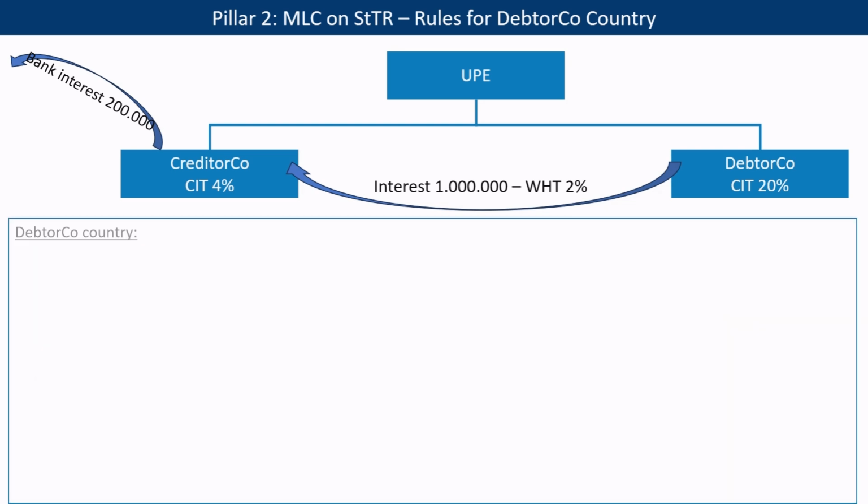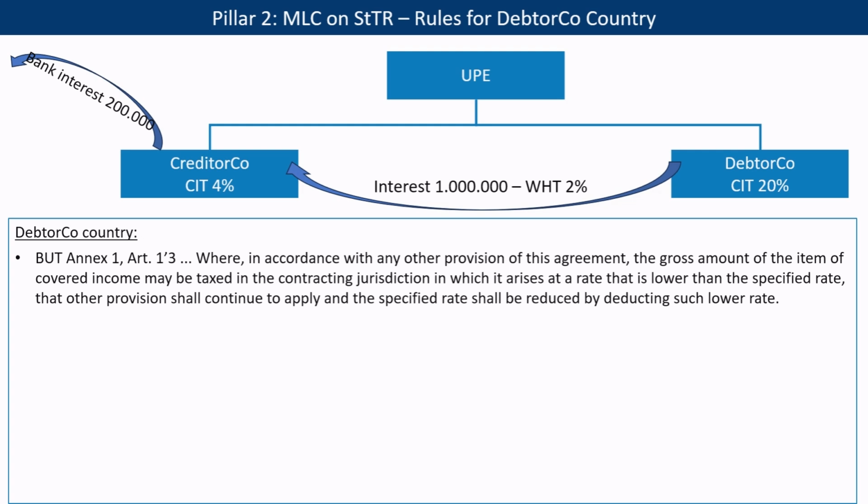Now, going a little further, there is Article 1, Paragraph 3, which says, where in accordance with any other provision of this agreement, the gross amount of the item of covered income may be taxed in the contracting jurisdiction in which it arises, in other words, debtor country, at a rate that is lower than the specified rate, and we've already said the specified rate is 5%, that other provision shall continue to apply, and the specified rate shall be reduced by deducting such lower rate.